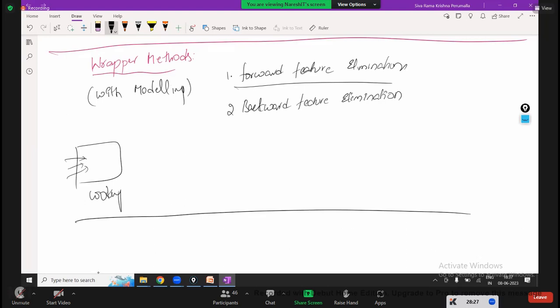Every month they'll have at least one or two days of offers. At the start of the month, they'll keep a salary days sale. At the end, they'll keep a month end sale. They'll create a sale name, bring some kind of offers, and using those offers they sell the products.